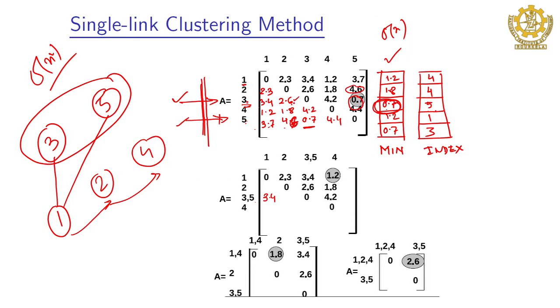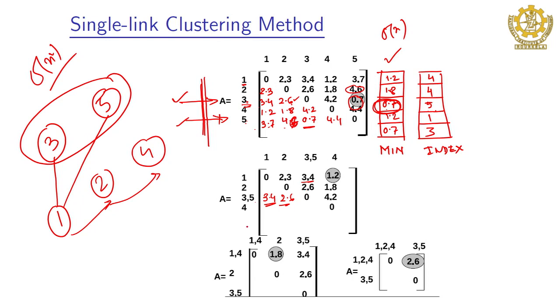So, which one is the minimum? 2.6. So, the distance from 3 and 5 to 2 will be 2.6. And while computing this distance row wise, there is no need to compute the distance column wise, because it is symmetric. So, 3.4 and 2.6, and because we merged clusters 3 and 5.